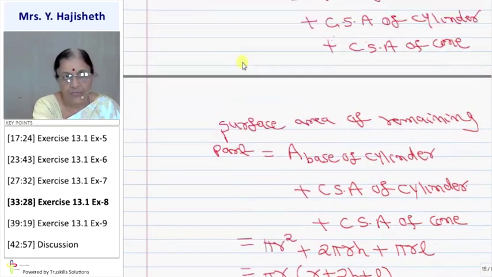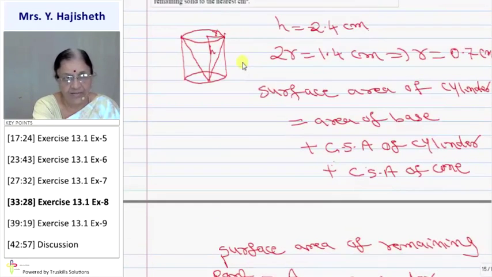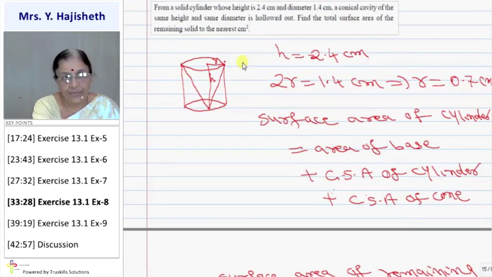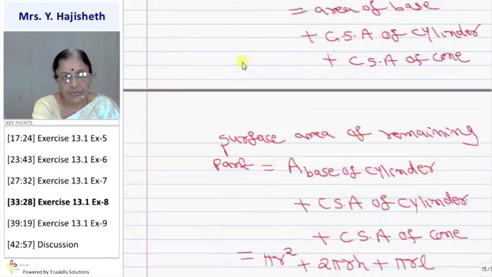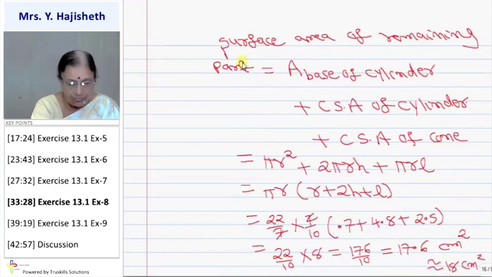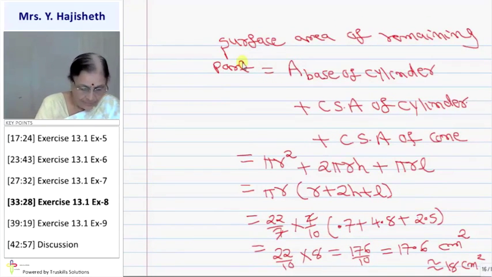Now see, what is left? Here one thing we should find out, what we are supposed to find out? We have to find out the slant height. What is L?